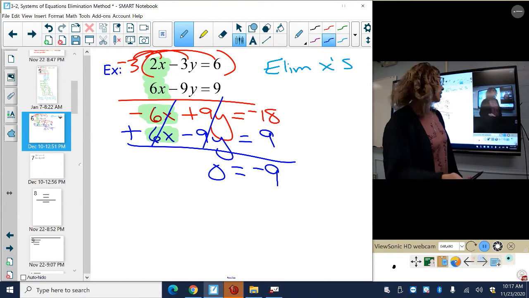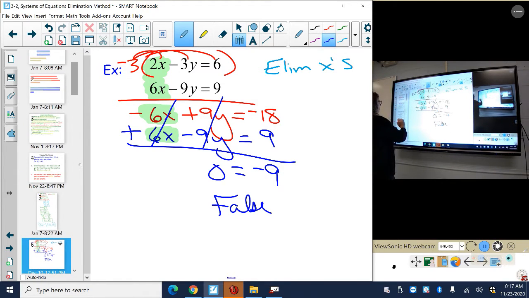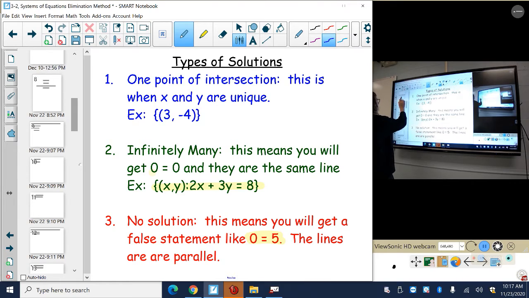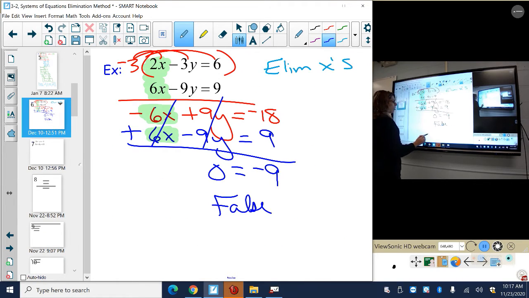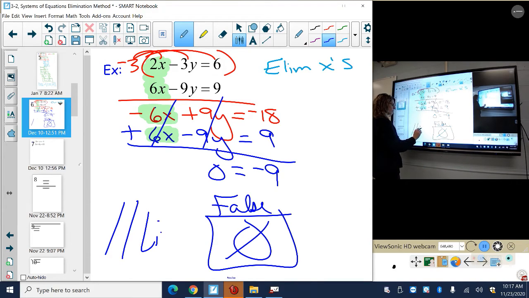It's never equal to -9, so this is going to be a false answer. Whenever we talked about the 3 types of solutions, I said whenever you get a false answer, there was no solution and it was going to be parallel lines, which means this right here is simply no solution and your lines are parallel. Okay?